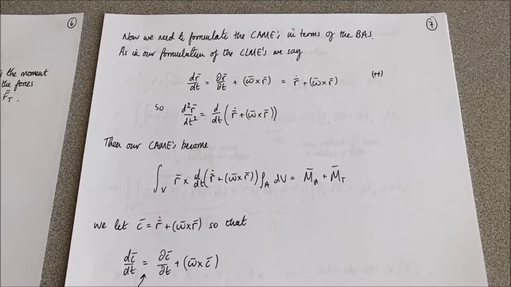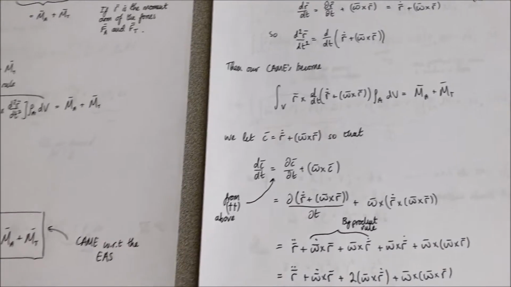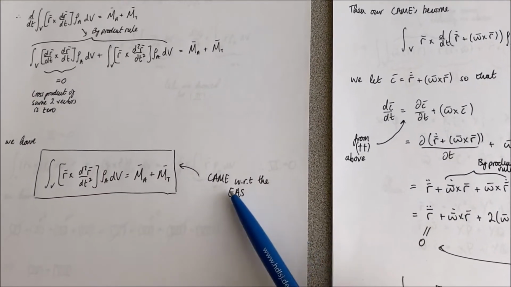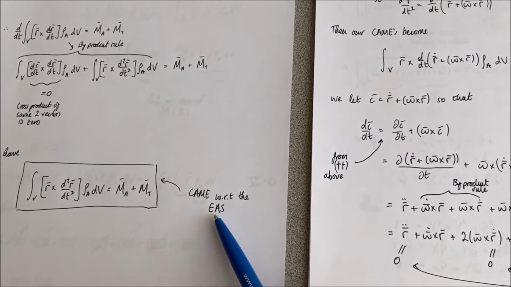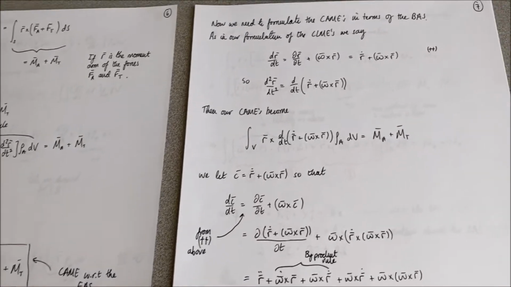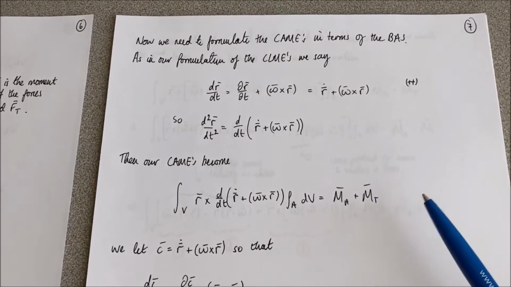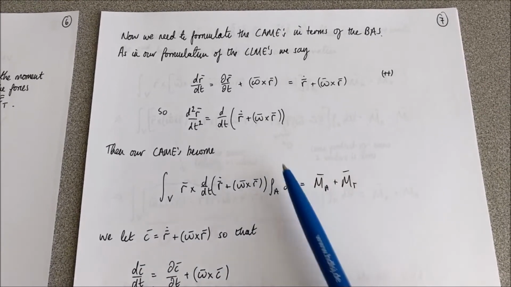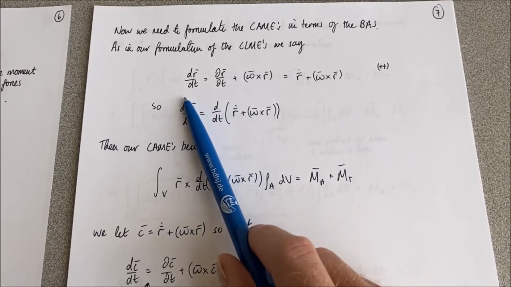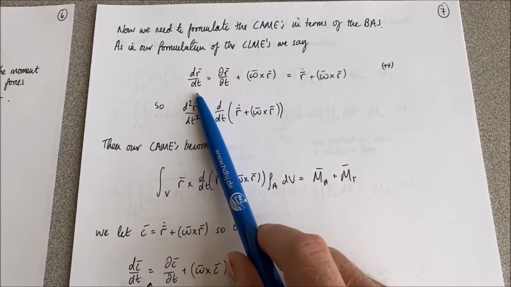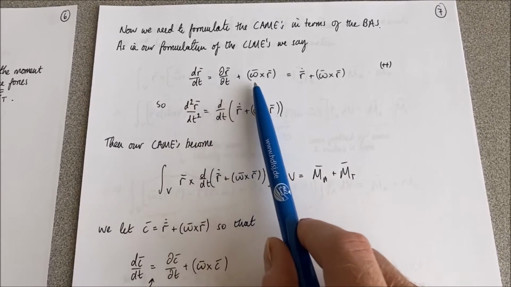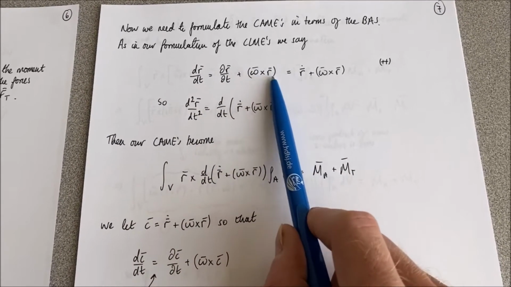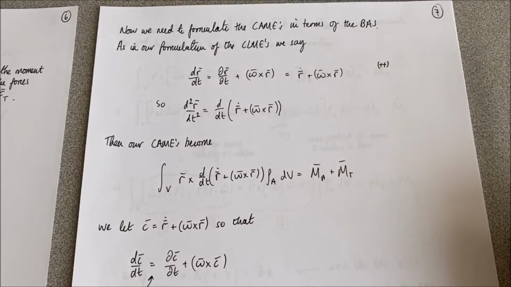But let's go ahead and try to formulate the conservation of angular momentum equations with respect to the body axis system now. So recall in our derivation of the conservation of linear momentum equations, we wrote the derivative of R bar with respect to t as the partial derivative plus this term here, which describes the rotation of our vector field.